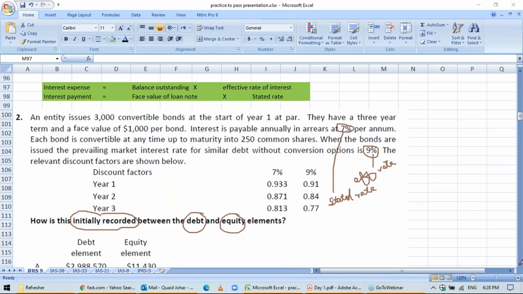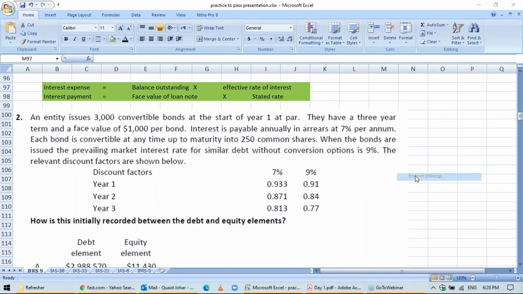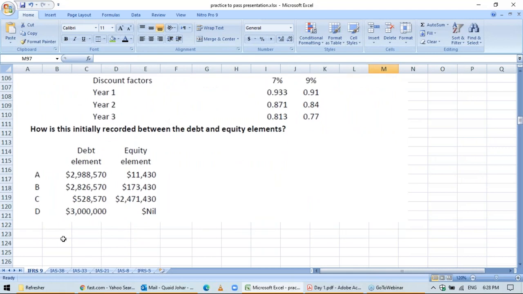The company receives cash equal to 3,000 bonds into 1,000, out of which we need to allocate how much is equity and how much is the debt component, the liability component.